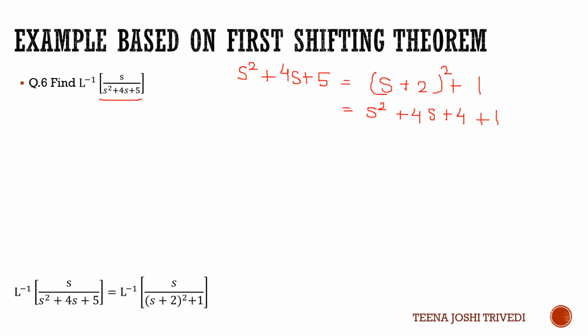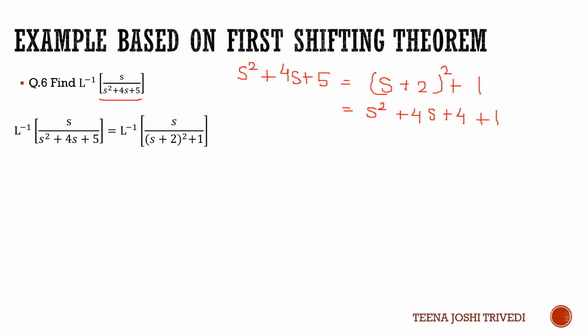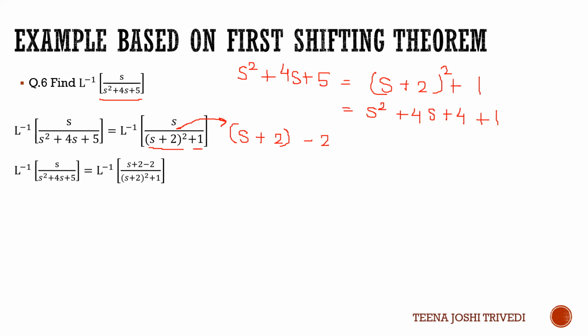So you can see here we have s in the numerator and in the denominator (s plus 2) whole square plus 1. But we cannot apply the first shifting theorem directly. We have to convert this s as s plus 2 minus 2, because every s will be phi of s plus a, then we can apply the first shifting theorem. So you can see we add and subtract 2 in the numerator, and the denominator is (s plus 2) whole square plus 1.